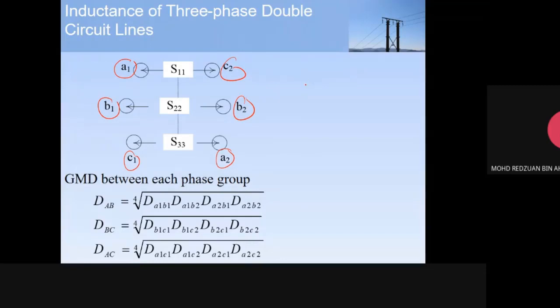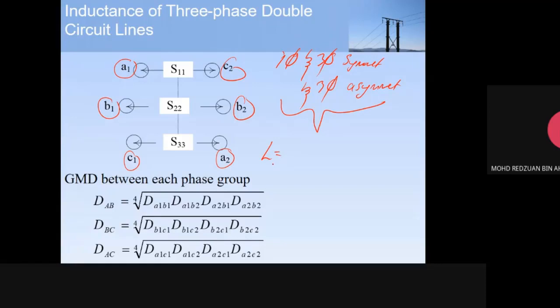For a three-phase transmission line, how to calculate the inductance? Last time we discussed the single phase, three phase symmetrical, and three phase asymmetrical equations to calculate the inductance. This is the general equation.